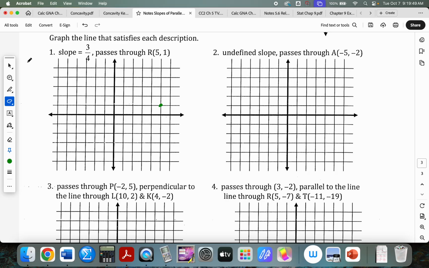But 3/4 is equal to -3 over -4, right? Because a negative divided by a negative is a positive. So I can also go down 3 and to the left 4.